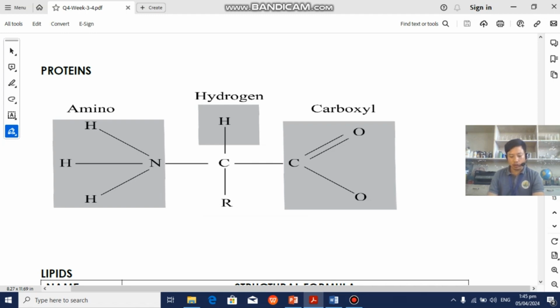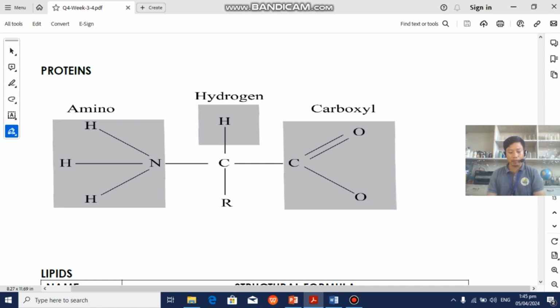Yes, it is composed of carbon, hydrogen, oxygen, nitrogen, and sometimes also sulfur. So we have 5 elements present in proteins: carbon, hydrogen, oxygen, nitrogen, and sulfur.